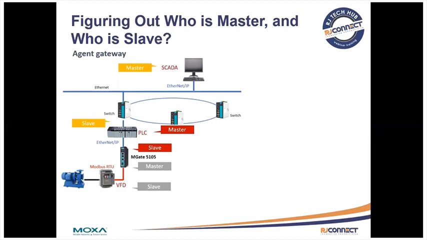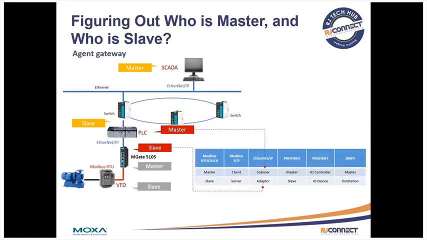And our SCADA is then a master to the PLC, which is a slave. So we become an agent or a gateway, basically, to convert from Modbus to Ethernet IP. In this example, you can see that our MGate would be an adapter, and our PLC would be the scanner in the Ethernet IP scenario.